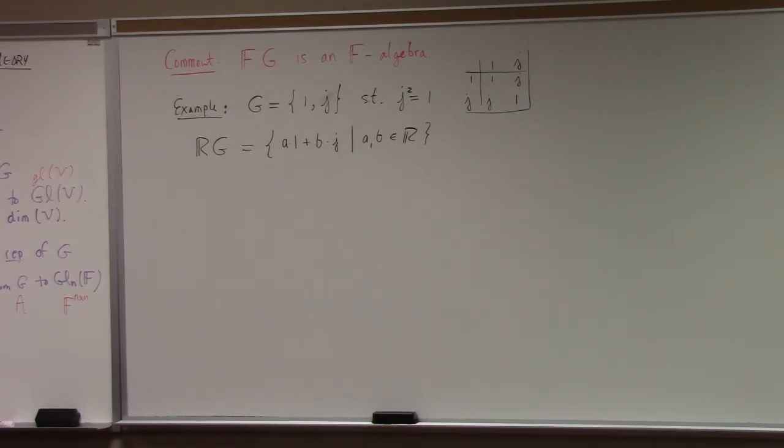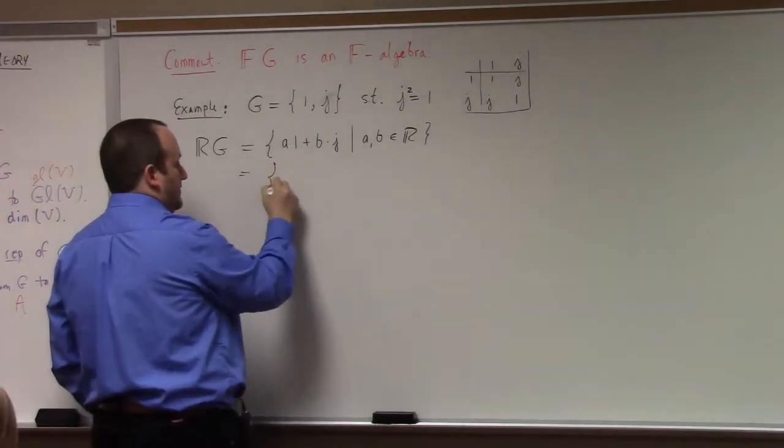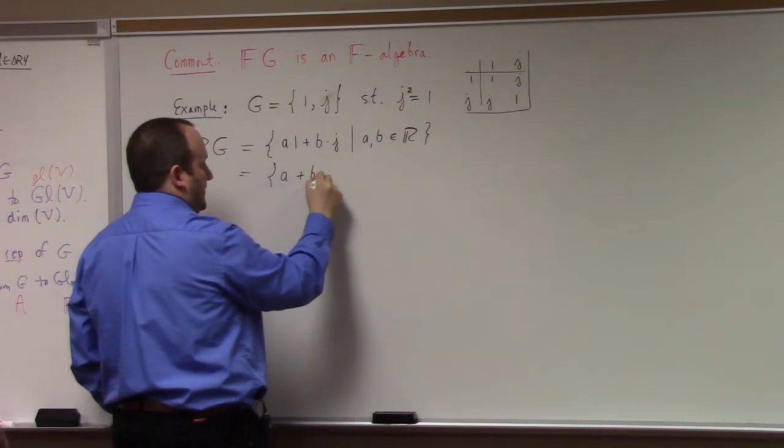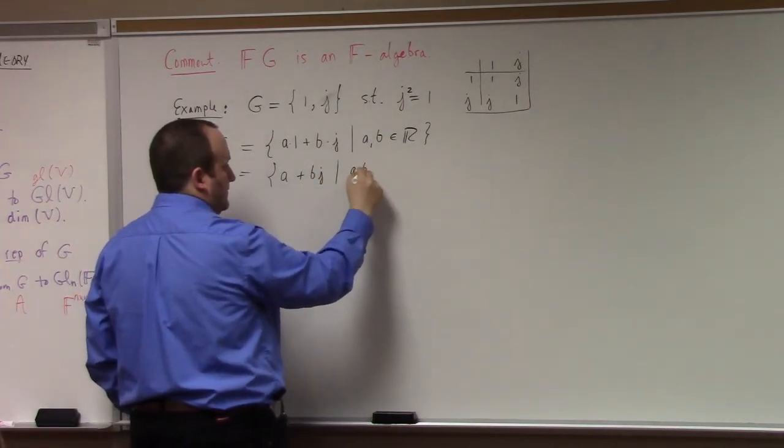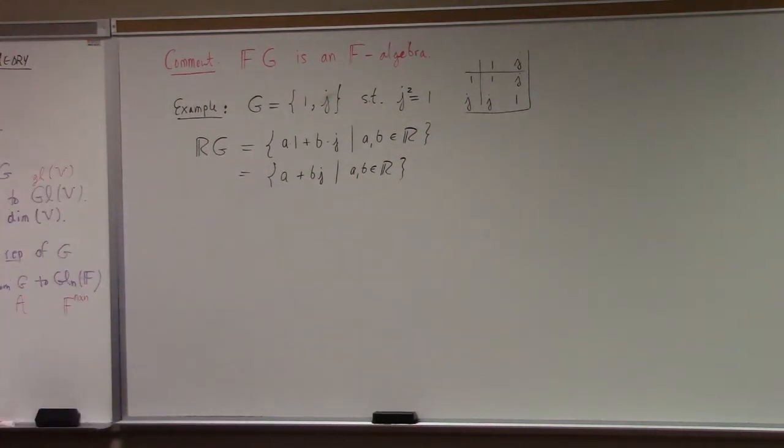If you allow me this notation, we could write this A plus BJ. That's the group ring of the finite group of order 2, written multiplicatively, of course, written as a cyclic group, right? But you know what these are, Cooper. Yeah, these are the hyperbolic numbers.